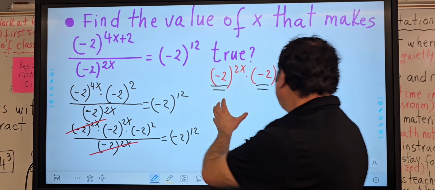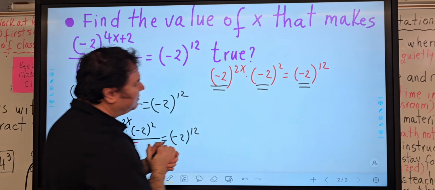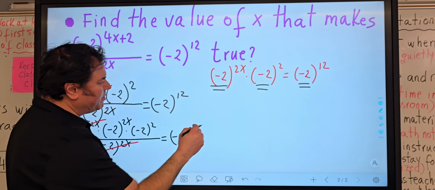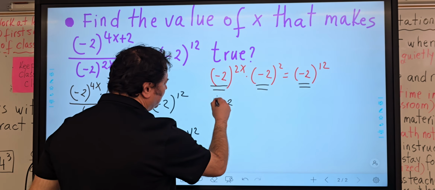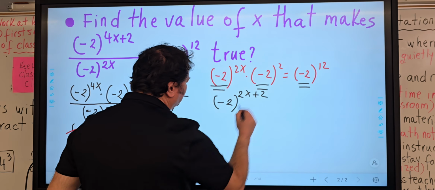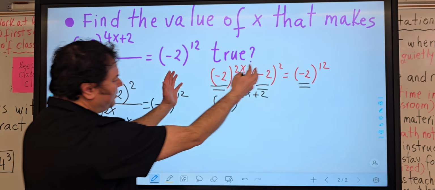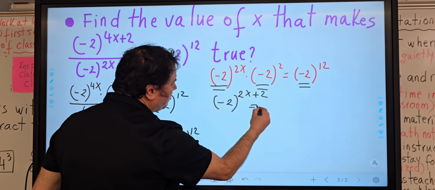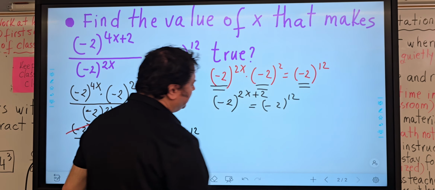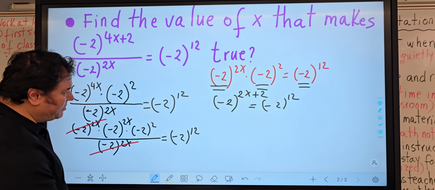So first of all, let's combine those two together, right here. So negative 2 to the power of 2x times negative 2 to the power of 2. Remember that becomes negative 2 to the power of 2x plus 2. Okay? We combine those two together. Equals negative 2 to the power of 12. Now the same thing.